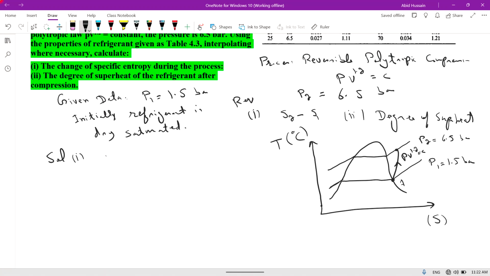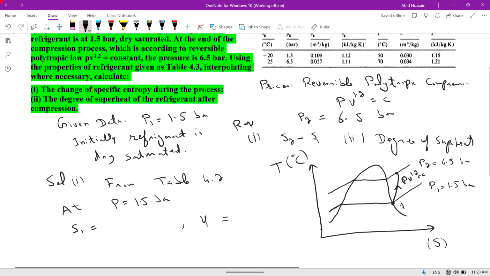Now from table 4.3, at pressure equal to 1.5 bar, we can find S1 and V1 from the table. S1 is equal to Sg because initially the steam is dry saturated.